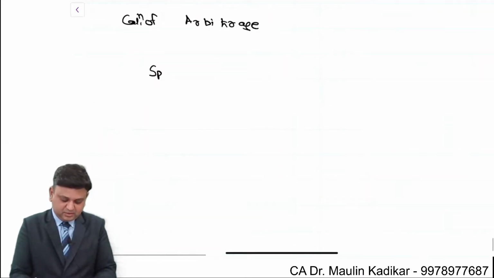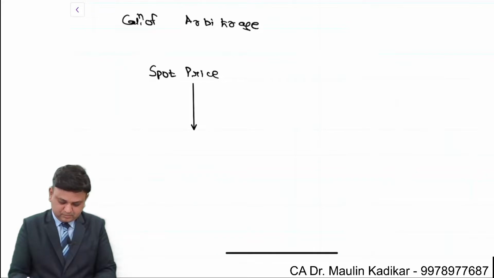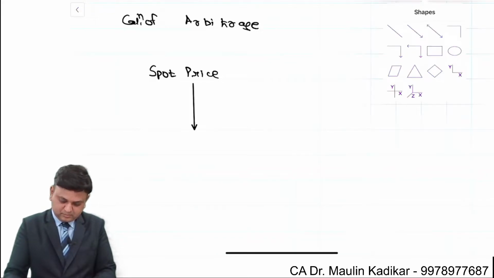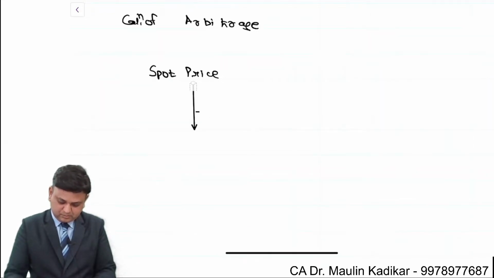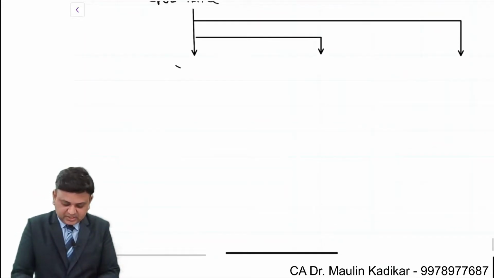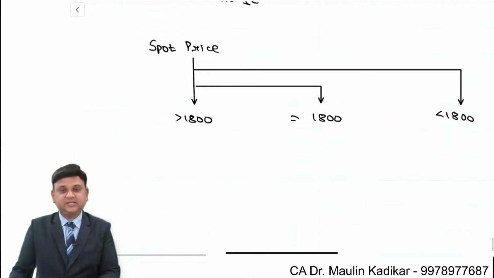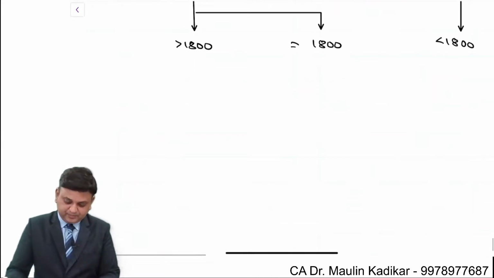In that, spot price: it is greater than 1800, equal to 1800 and less than 1800. Like that, so there will be three ranges. Whether the option is exercised, question mark.